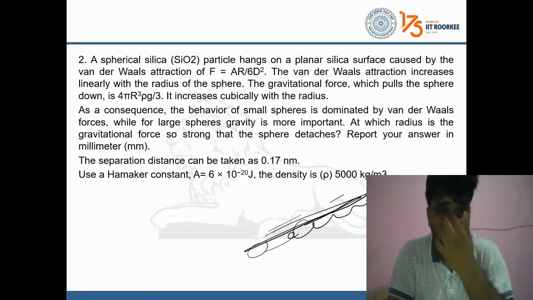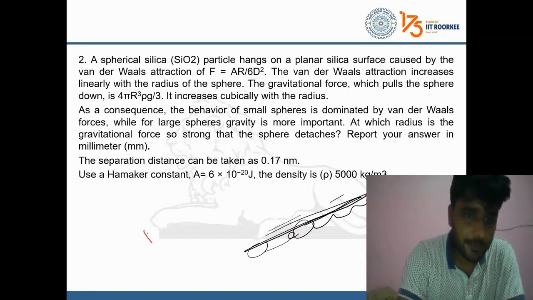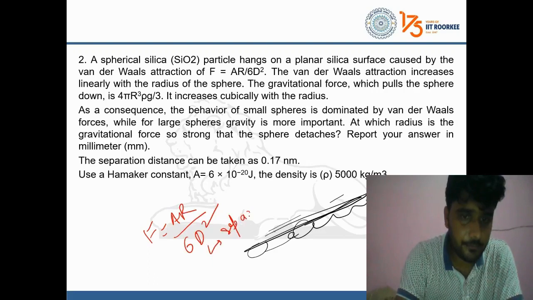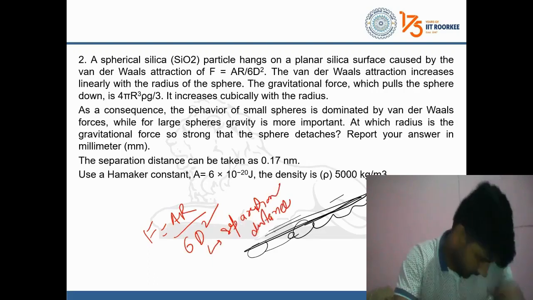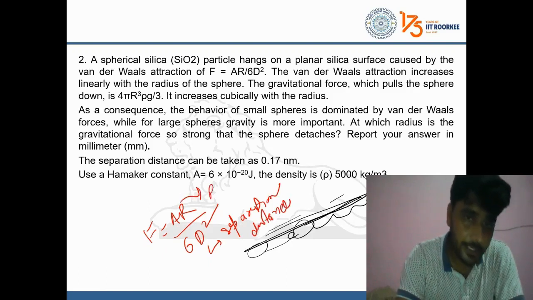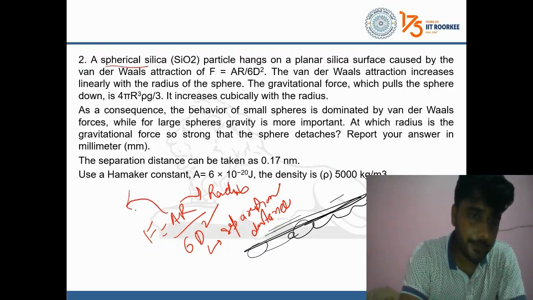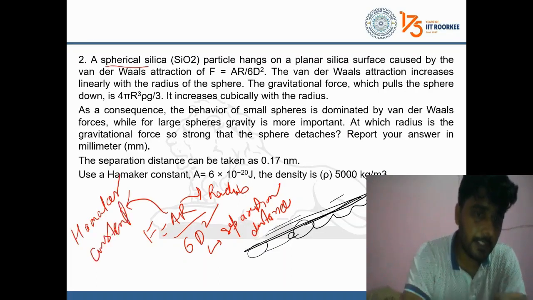The van der Waals interaction between them is represented by F equal to AR divided by 6D squared, where D is the separation distance, R is the radius of the sphere because these are spherical particles, and A is the Hamaker constant. These are the terminology.